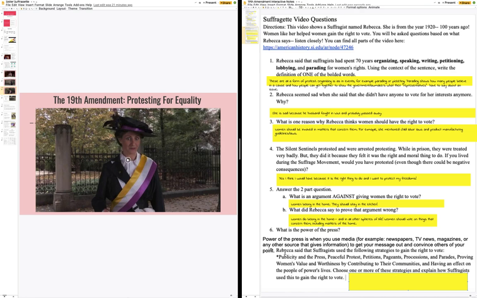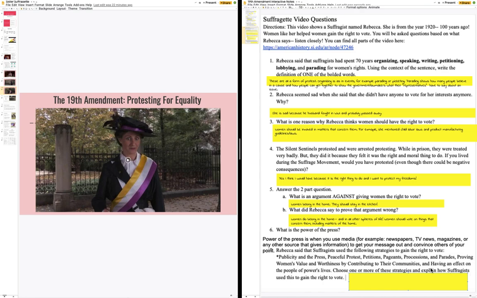All right. Rebecca said that suffragists use the following strategies to gain the right to vote: publicity in the press, peaceful protests, petitions, pageants, processions, and parades, proving women's value and worthiness by contributing to their communities, and having an effect on the people of power's lives.